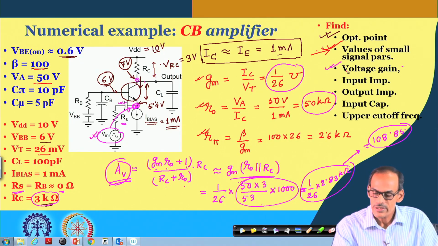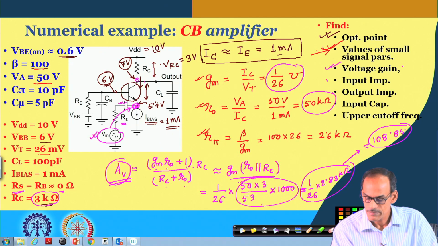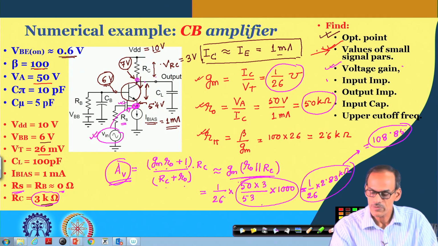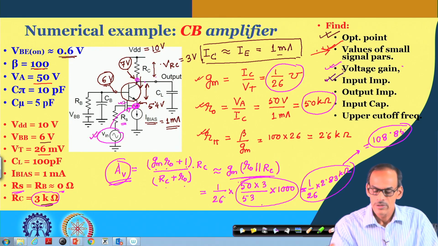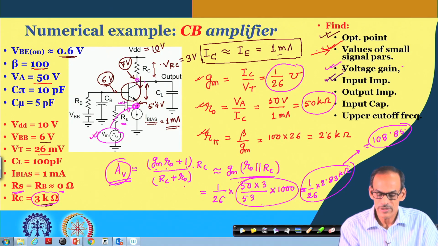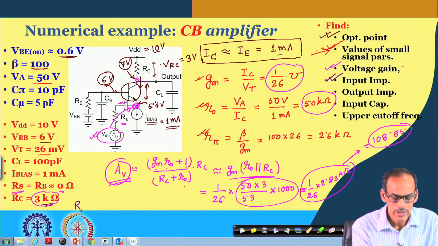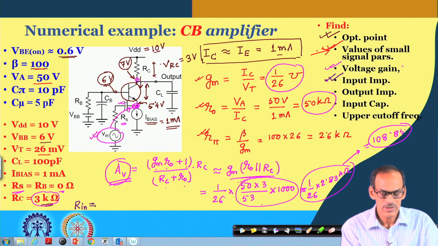Now, the next thing is the input impedance. So, let us look into the input impedance. Let me use a different color for that. Hopefully, I will be able to manage to write that expression here. R in, again you may utilize the previous derivation.